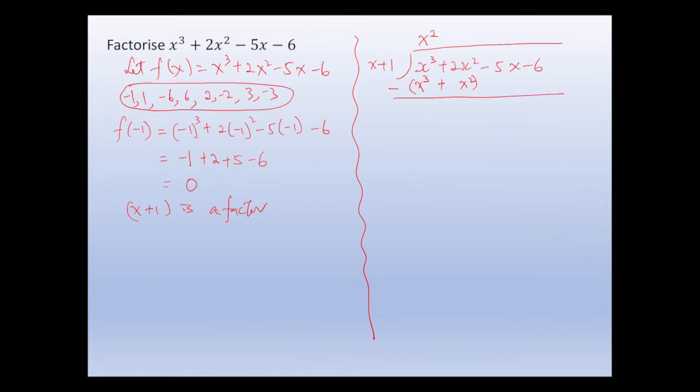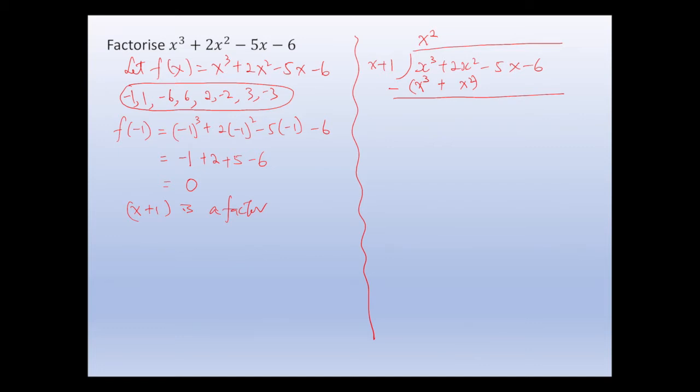Now, following the division rule, you need to take away x cubed plus x squared. I put in a minus and a bracket so that I know I am taking away. Minus times positive will give you minus.